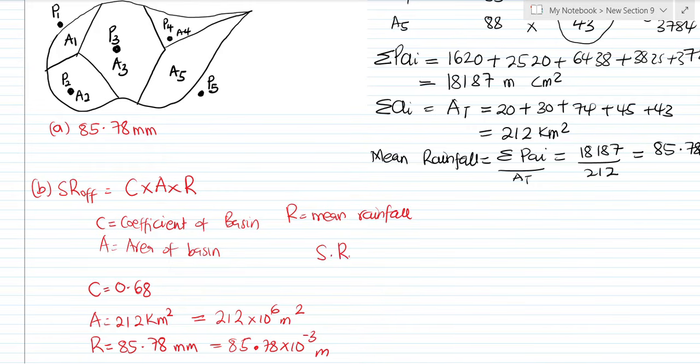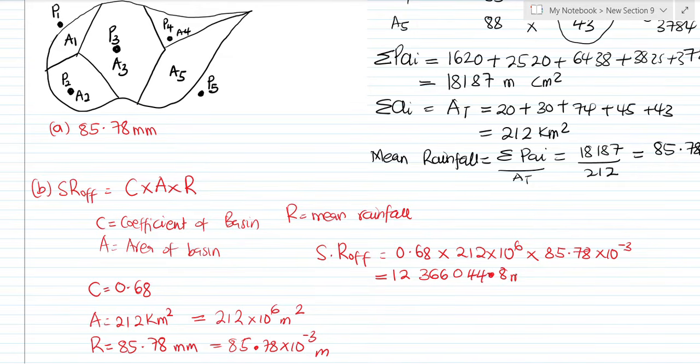Surface runoff is equal to 0.68 times 212 times 10 to the power 6 times 85.78 times 10 to the power negative 3. And so our surface runoff is equal to 12,366,044.8 meter cube.